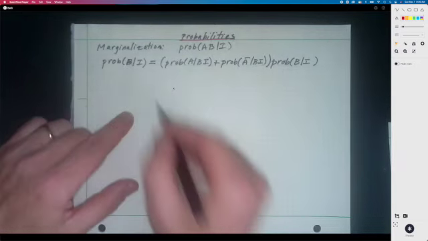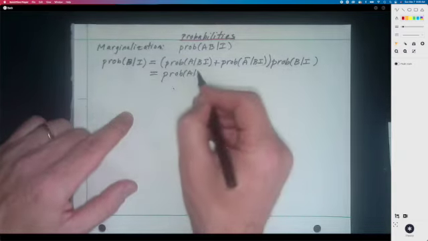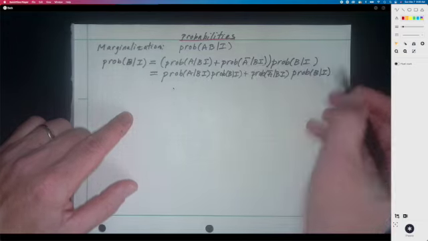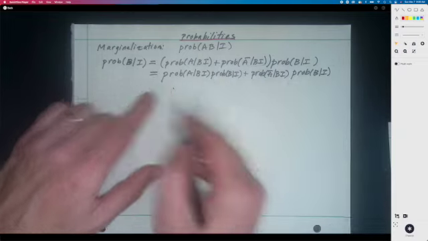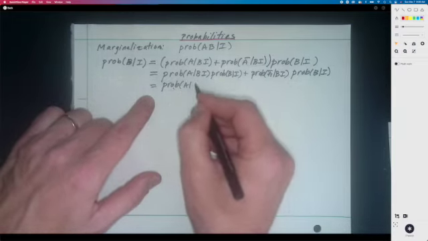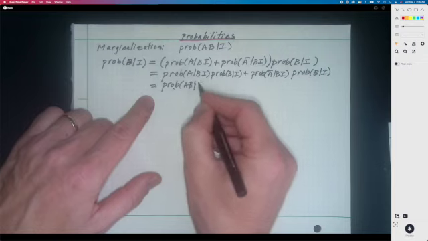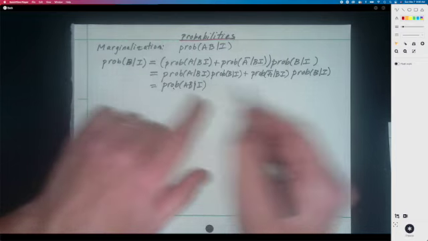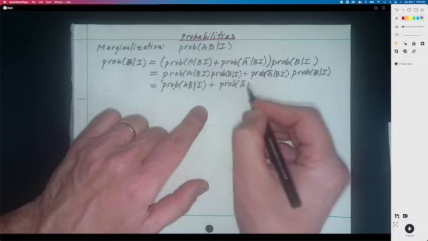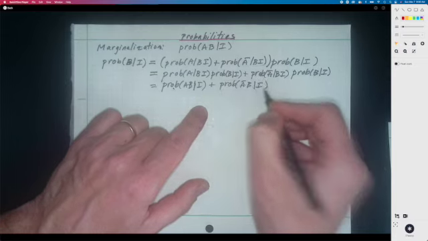And then we can distribute B inside. And then we can join both of them using the product rule. So this one becomes the probability of A and B, conditioned on I. This one becomes the probability of not A and B, conditioned on I.